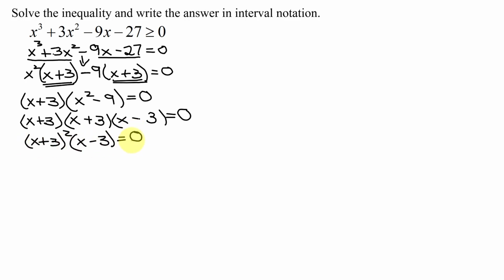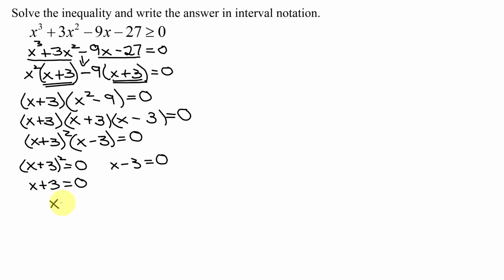So now I've factored my polynomial, set each factor equal to 0. So I know x plus 3 all squared equals 0, or x minus 3 equals 0. If x plus 3 all squared equals 0, you know x plus 3 is 0.